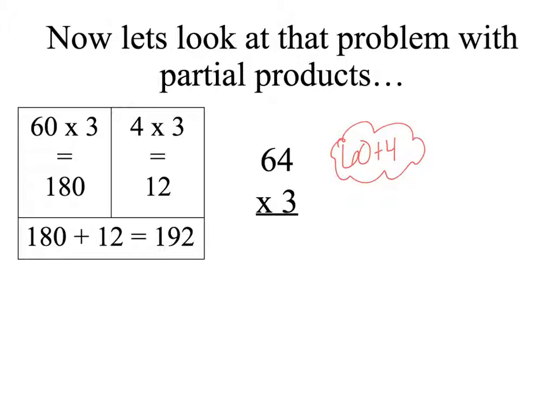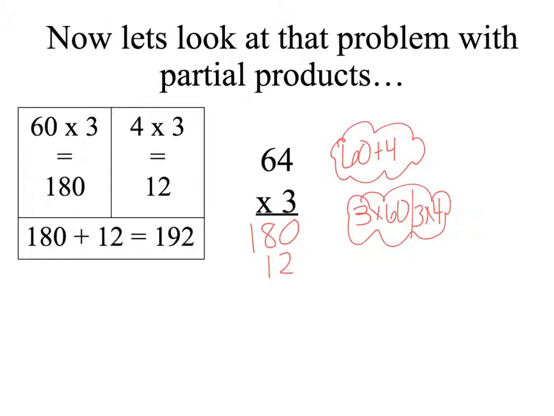And then you would think, well, I know I need to multiply the 3 times 60, and I need to multiply 3 times 4. So I would multiply 3 times 60 to get 180, and 3 times 4 to get 12. I would then add those together to get 192.